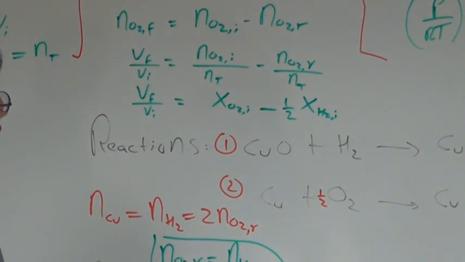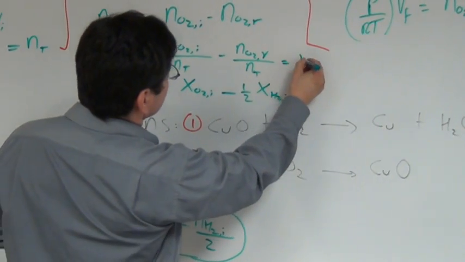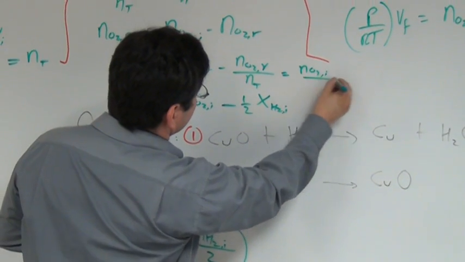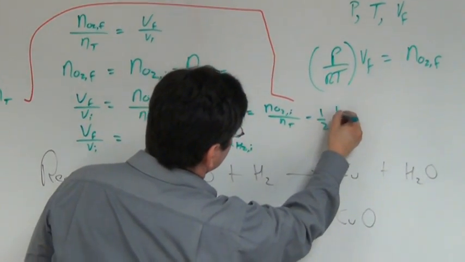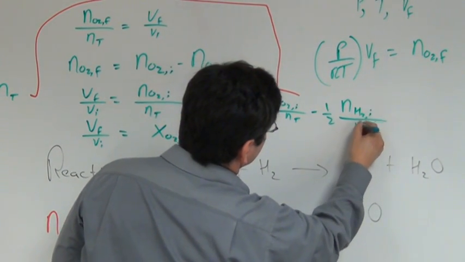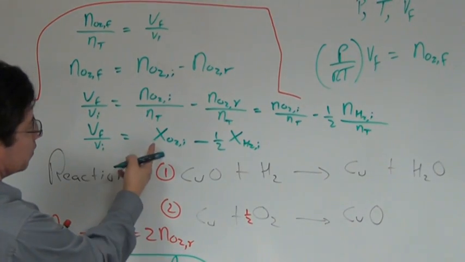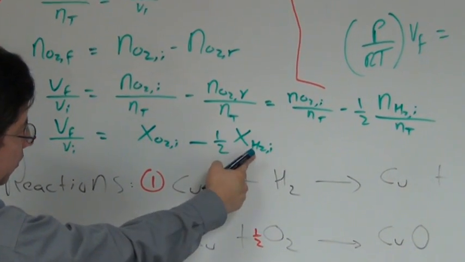Okay, so far so good. If you want to be more explicit, you can do this: minus 1/2 number of moles of hydrogen initially over NT. So that leads to mole fraction of oxygen, mole fraction of hydrogen.